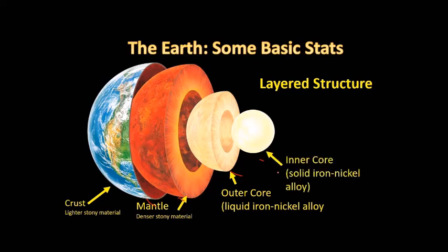The last final layer is the inner core, which is solid iron nickel alloy. Okay, so the core, outer core and inner core together, is about 1/3 of Earth's mass, and it's about half of Earth's radius.